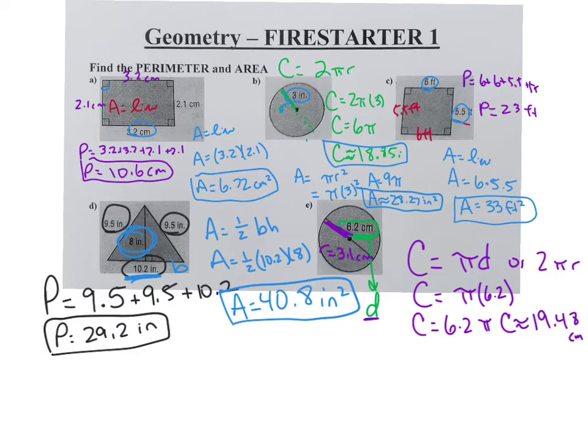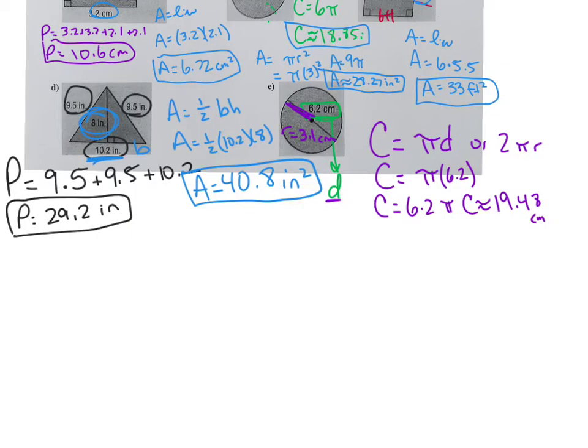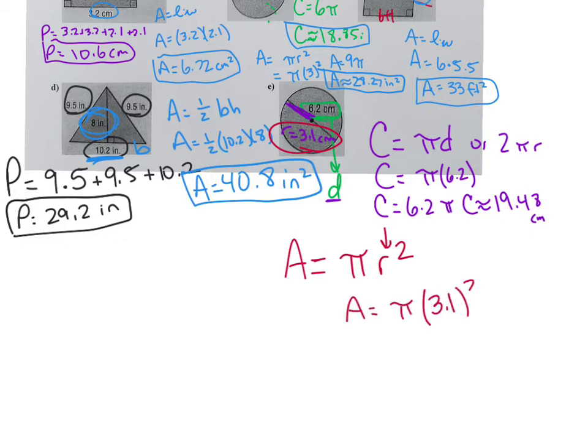Now, area is equal to pi r squared, which is why I had to know what the radius is, even though I used diameter in the circumference formula. So I put 3.1 in right there. So my area is equal to pi times 3.1 squared.